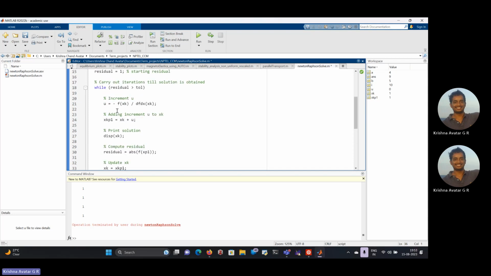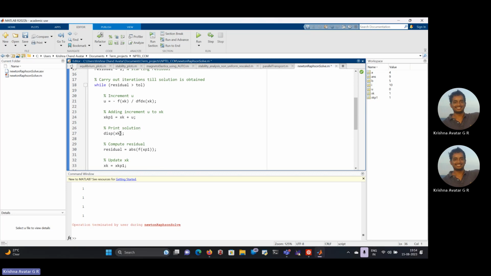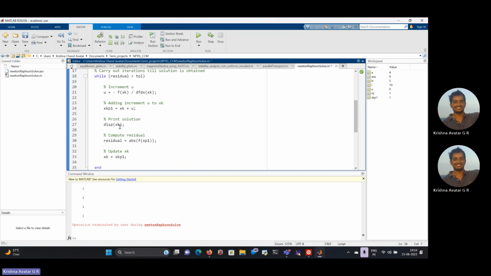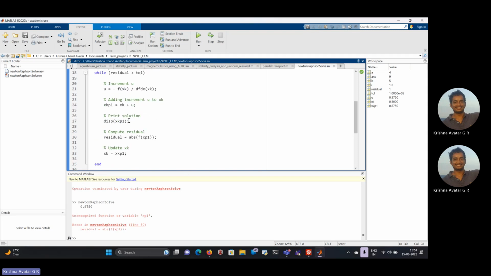I can show you that. Everything seems to be right. Okay, display k. I just want the solution x_kp1 actually, and the residual. Let's see how far it runs. Okay, sorry, I have done something wrong here.